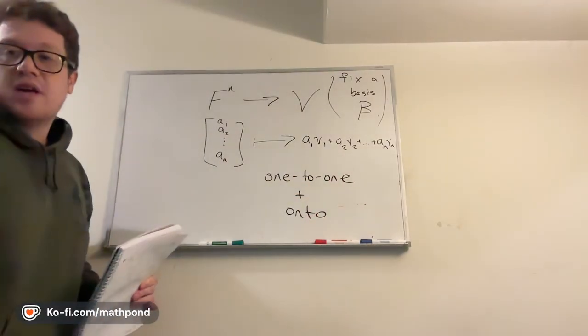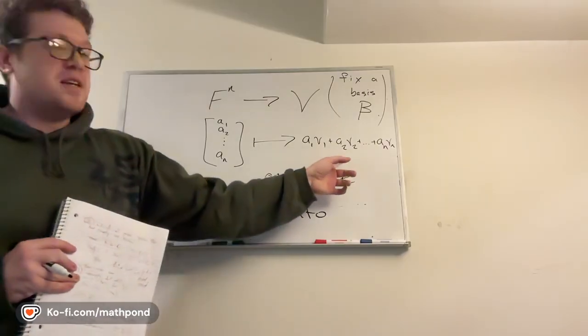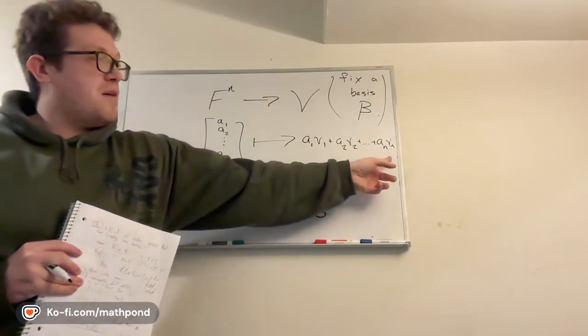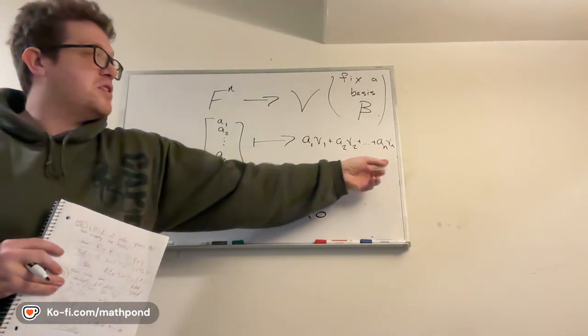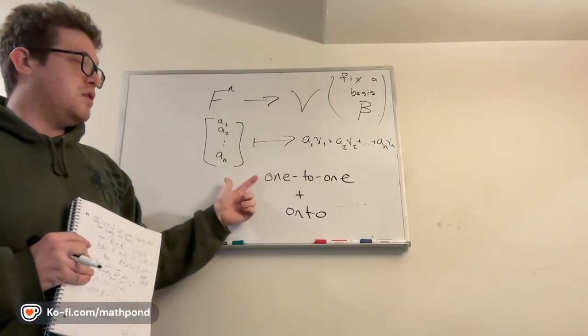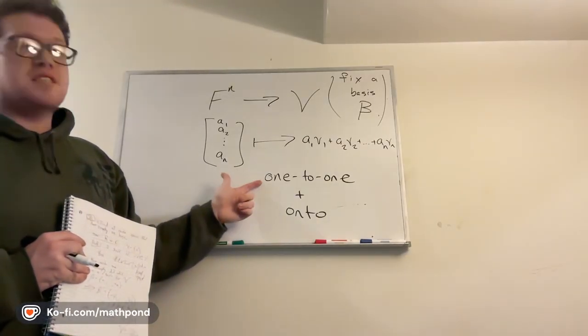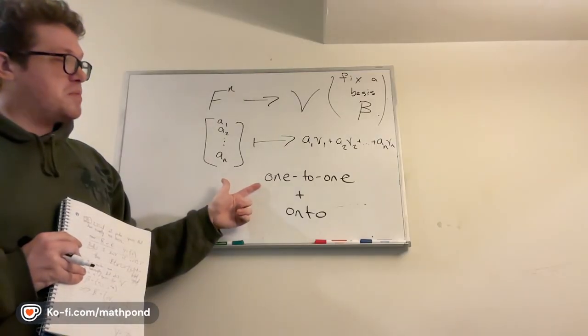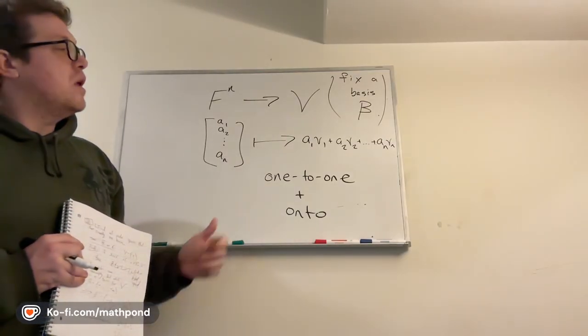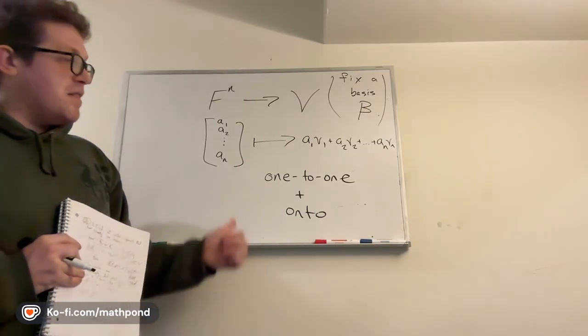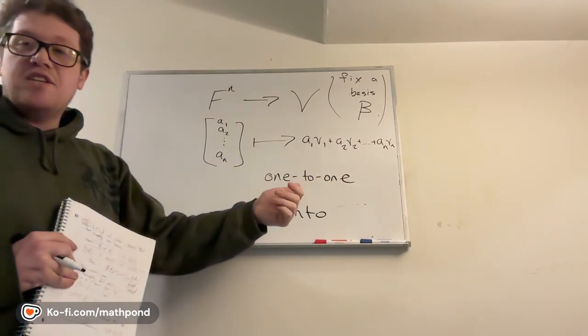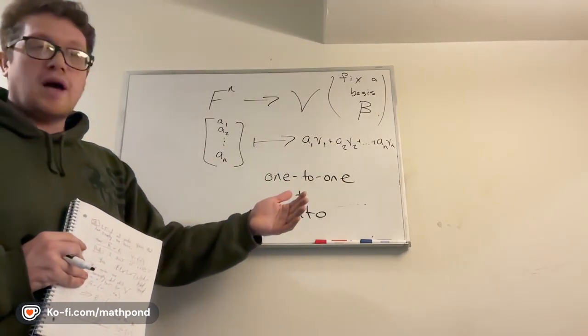And it's onto because the basis is a spanning set, so every vector is some linear combination. So the uniqueness of the coordinates and the fact that every vector has coordinates is essentially equivalent to this map being one-to-one and onto. So this map gives you a bijection.